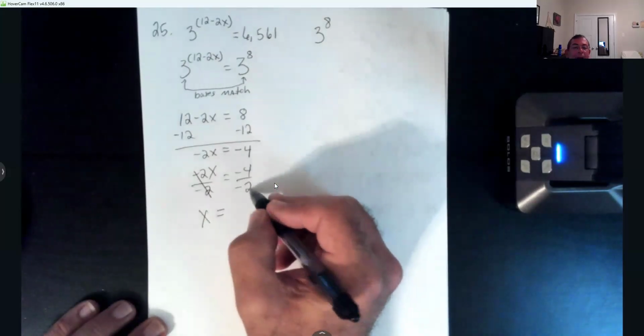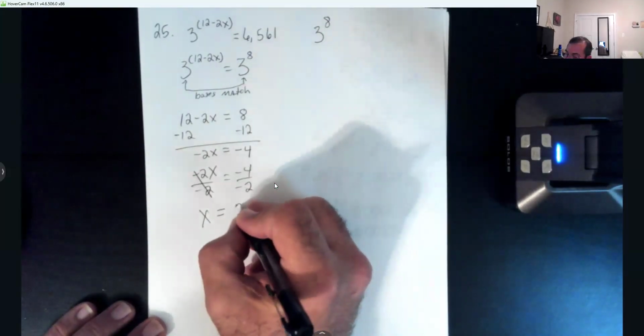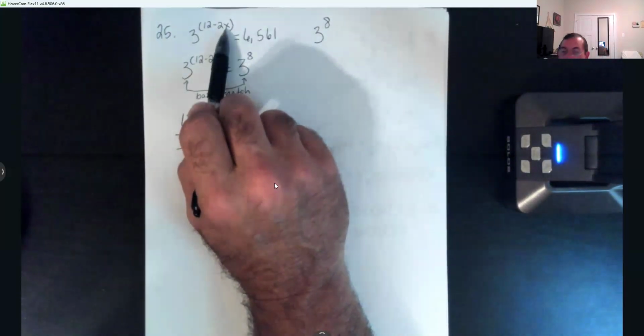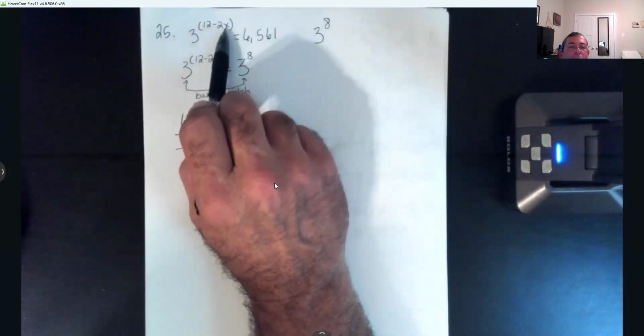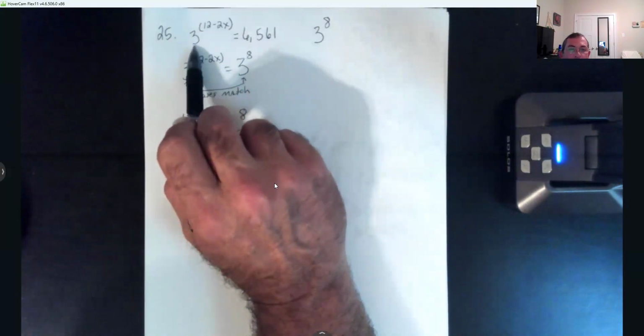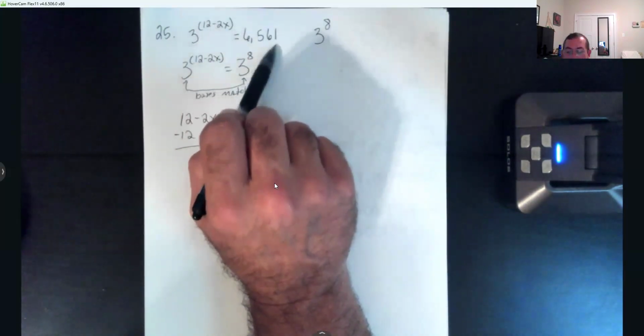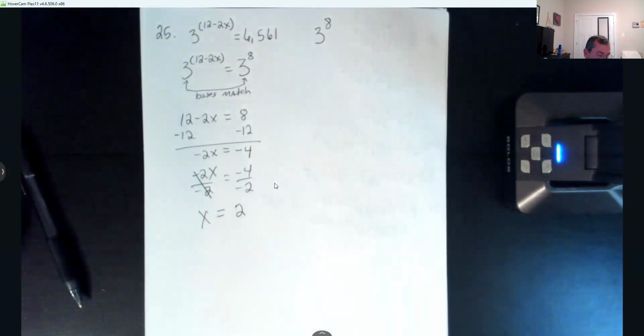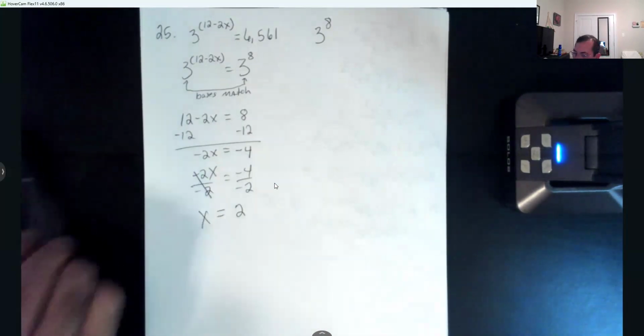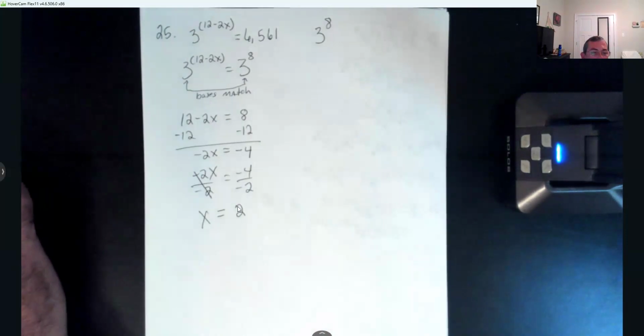Over here, negative divided by negative is going to make that a positive 2. So if you put a 2 in there, that gives you 4. 12 minus 4 is 8. And 3 to the 8th does equal 6,561. Okay? So y'all, that's a trick on that one.